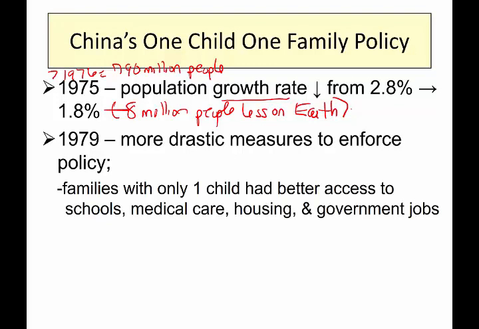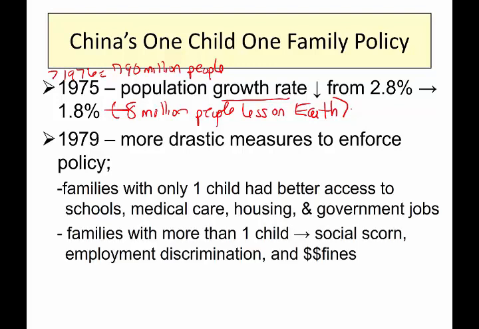They certainly didn't get good government jobs and couldn't even get medical care. Now, on top of that, if they had more than one child, they were subject to social scorn, employment discrimination, and they got fined. And all of this really did happen. By 1984, the Chinese had relaxed the policy a little bit.